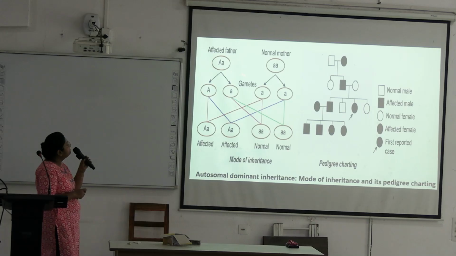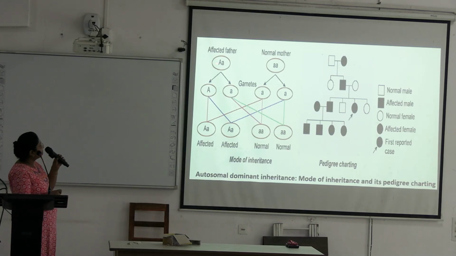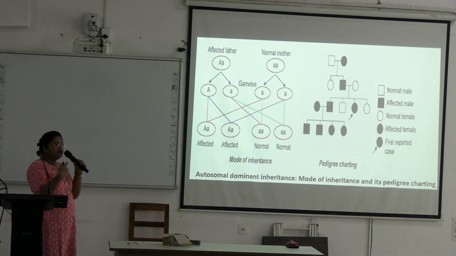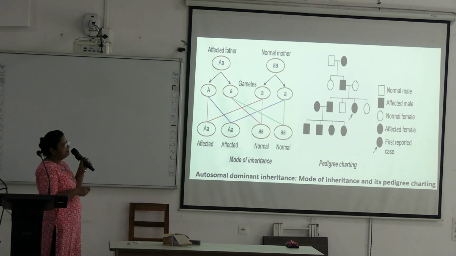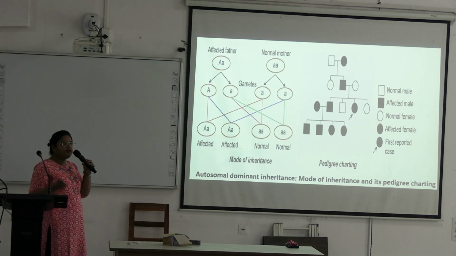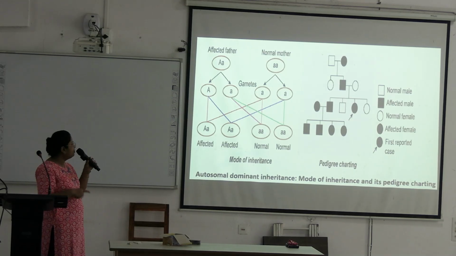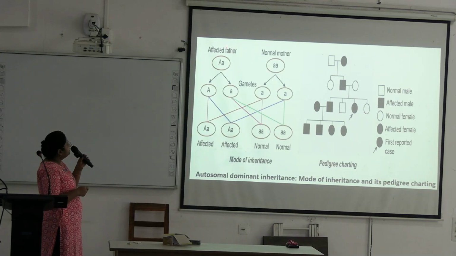See, affected father and normal mother. Here, autosomal dominant means one capital A and small a. Wherever there is capital A, that person will be affected because it is an autosomal dominant disease. So they are producing gametes. Here the normal mother produces small a, small a.